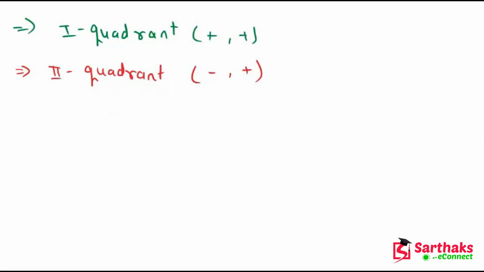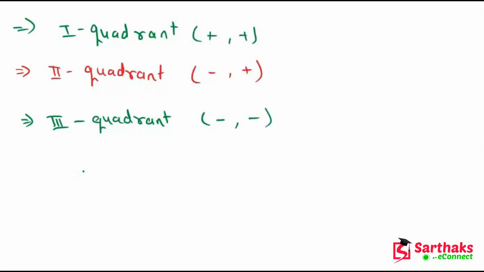Now if you talk about the third quadrant, the x coordinate is negative and the y coordinate is also negative.